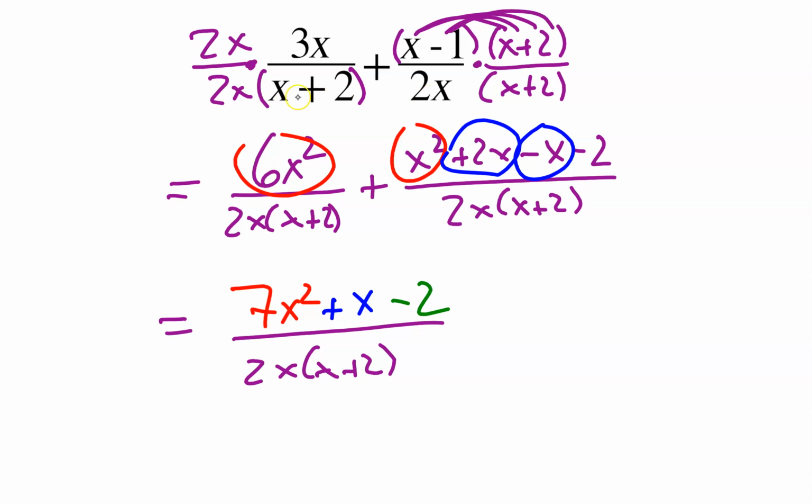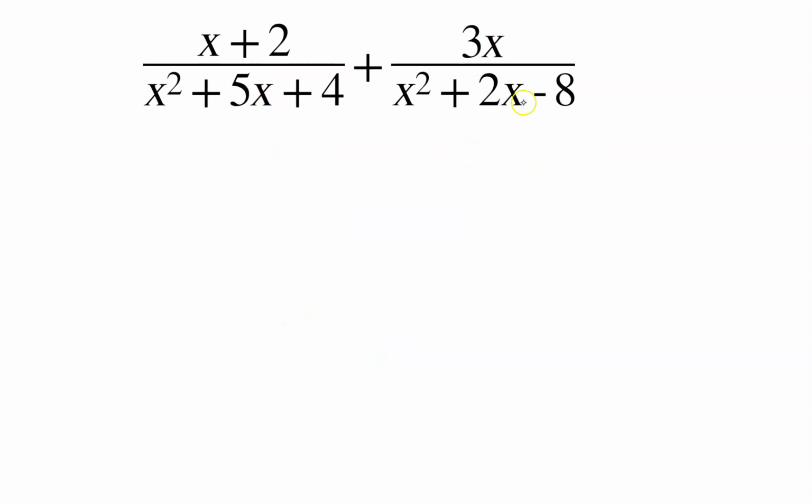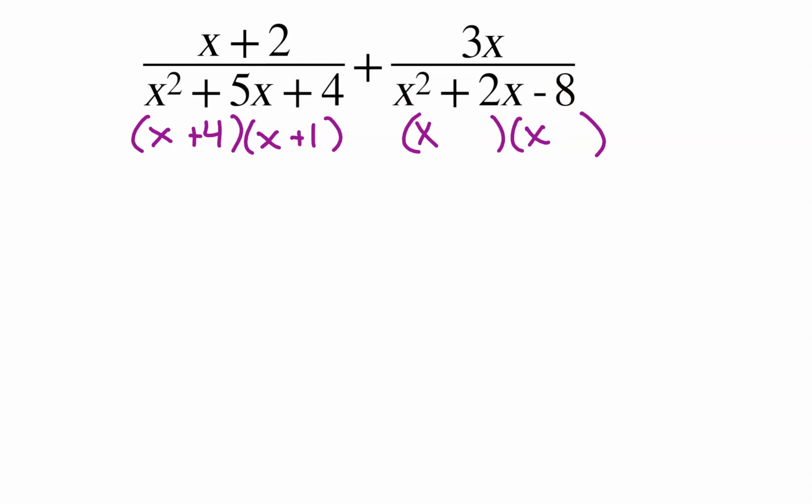Why did we not factor on this last problem? Well, because 2x and x plus 2 are so simple they can't be factored. But if you have a more complicated expression, we want to factor first. So I'm looking for numbers that multiply to be 4 and add to 5. That would be x plus 4 and x plus 1. 4 plus 1 is 5, 4 times 1 is 4. Here, I'm looking for numbers that multiply to be negative 8 and add to be 2.